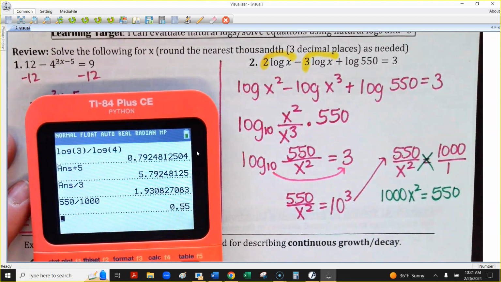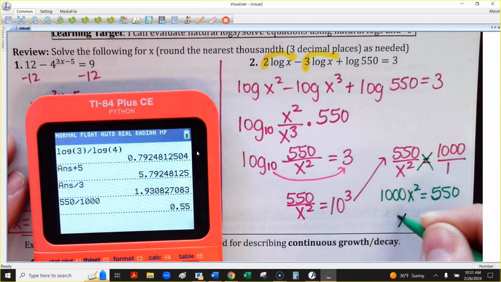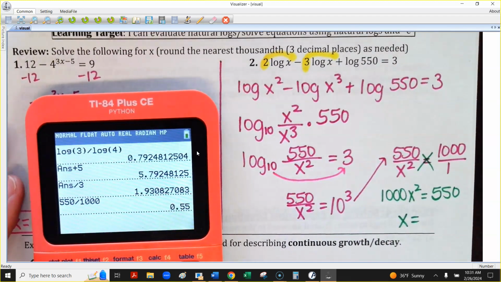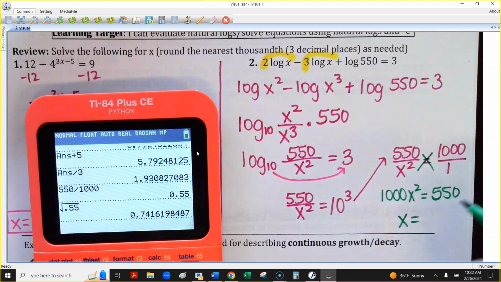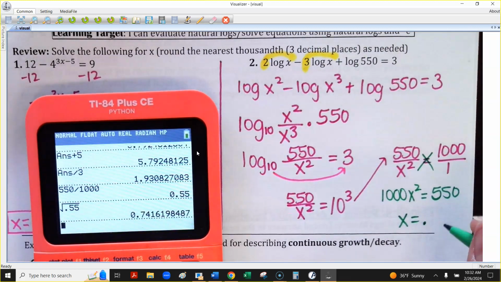And we're going to take the square root of that. Now, I'm not going to put a plus and minus because I'm introducing the square root to solve that. I'm not going to put the plus and minus because both of those first terms in that original just have a log of x, so we can't plug in a negative number. So it's just going to be a positive version. So I'm just going to do square root 0.55, and so about 3 decimal places, 742.